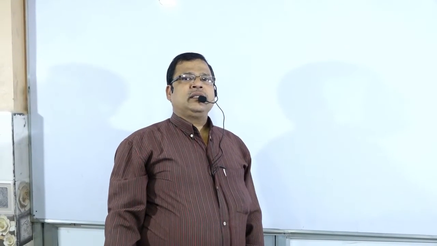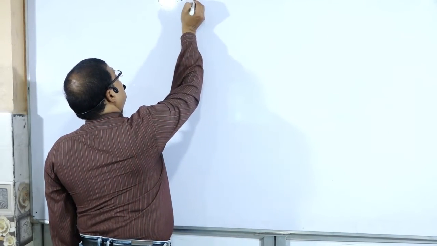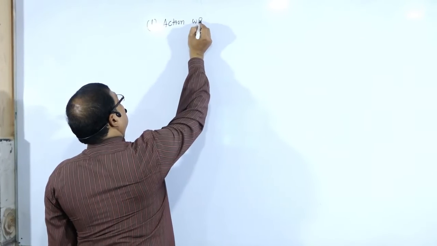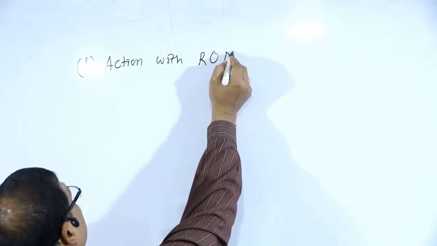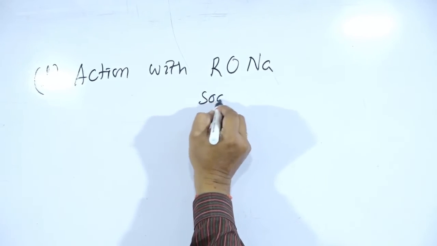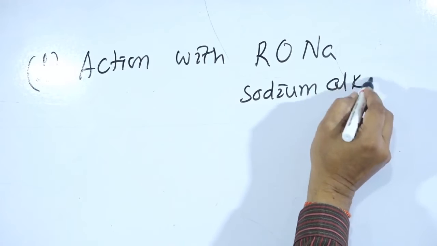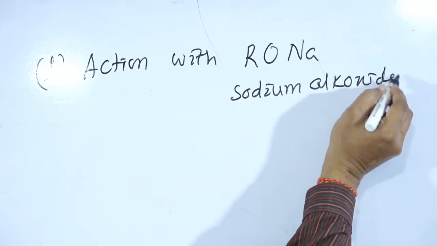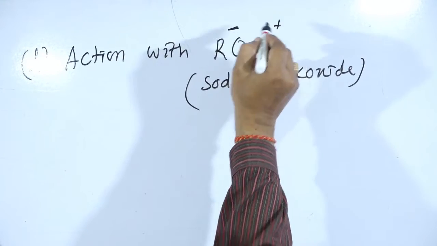Next one is the action with sodium alkoxides, RONa, that is RO minus Na plus.